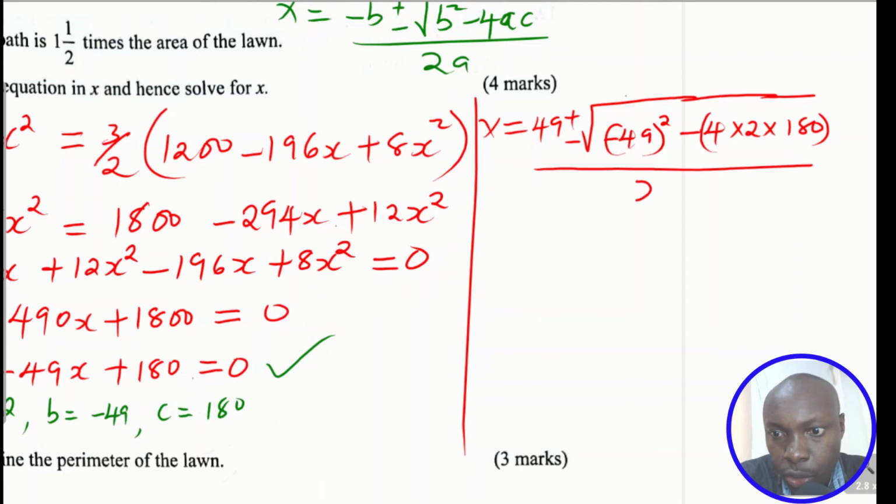Everything divided by 2a, 2 times 2. So working out these, you get 49 plus or minus.